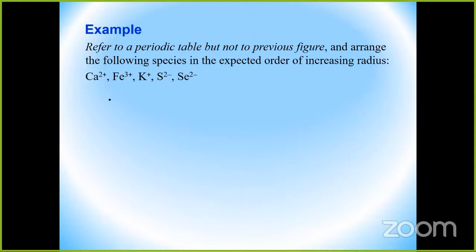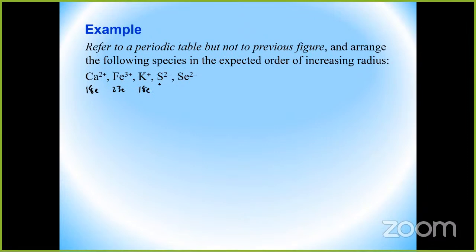So for example, the atomic number of calcium is 20, but it has a +2 charge, which means that there are 18 electrons here, right? In the case of iron, its atomic number is what? 26. So minus 3 electrons, so that would be 23 electrons here. In the case of potassium, its atomic number is 19, but it has a plus charge here, so this has 18 electrons, right?